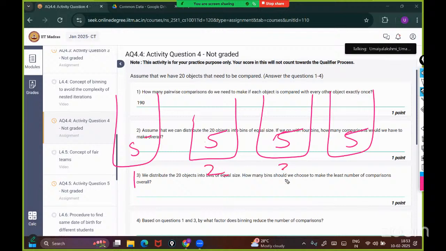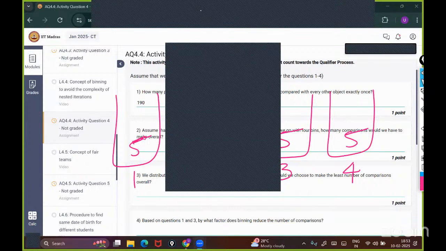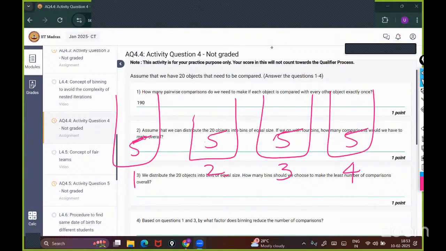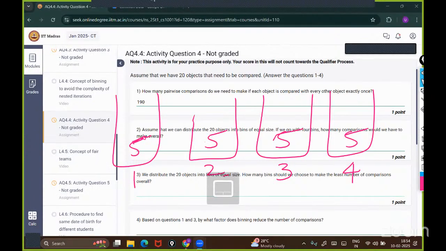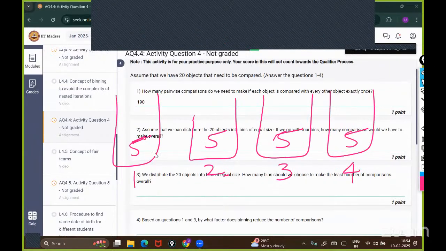So I have a total of 4 bins. So how many comparisons do we have to make overall? For each bin, how many comparisons, people?